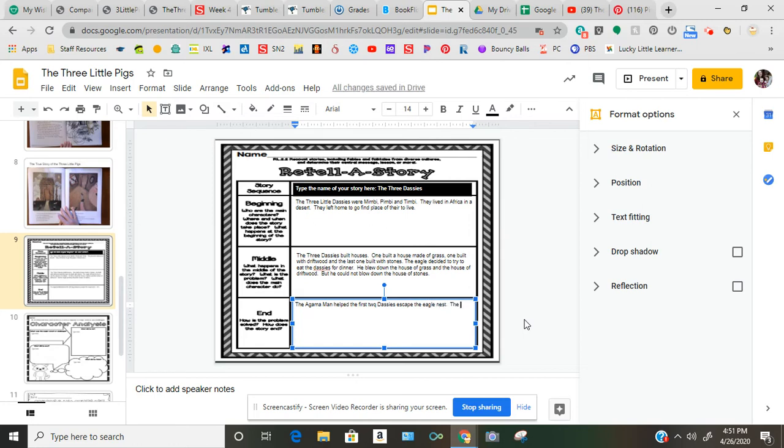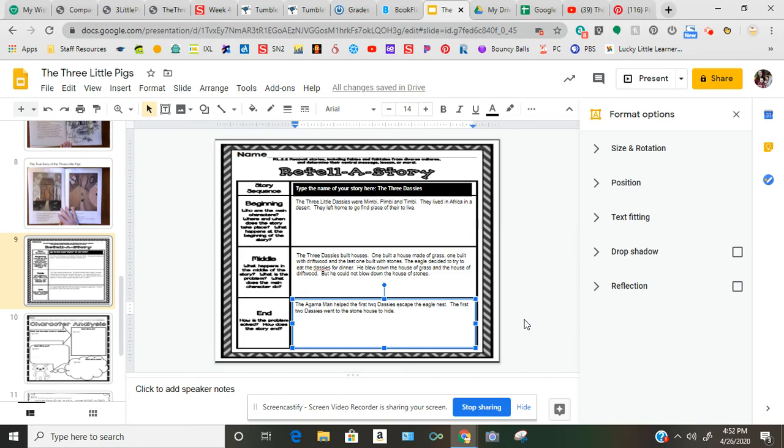Okay. The first 2 dassies, where did they go? Went to the stone house, because that's the only one of them standing still, to hide. Okay.